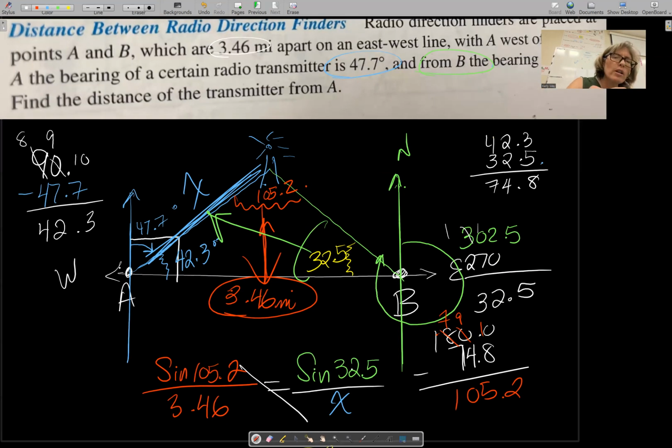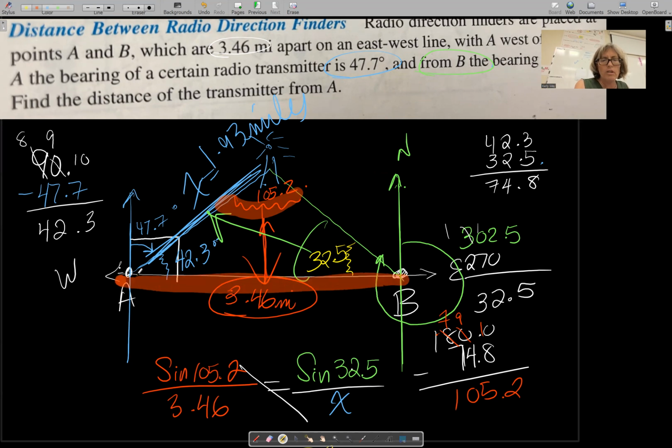Which, once again, just check it logically. 1.93 miles. I have my largest angle, 105.2, across from my longest side, 3.46. And then I have a smaller angle, 32.5 degrees, across from my smaller side, 1.93. Yes, that is logical. The smaller the angle, the shorter the distance between your fingers.